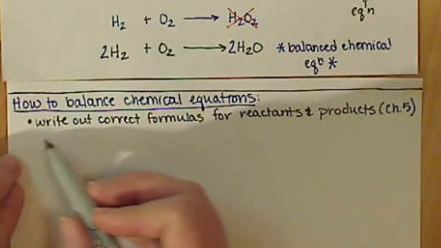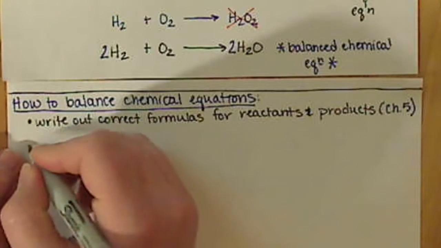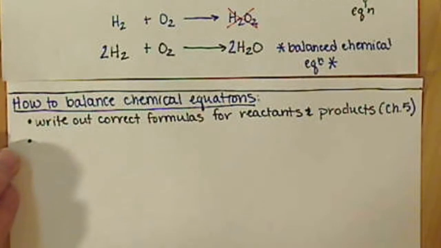So once we write out our chemical formulas for our reactants and our products, I suggest that you start with the most complex compound, basically the scariest, whichever one looks the most terrifying to you, and assign it a coefficient of 1.